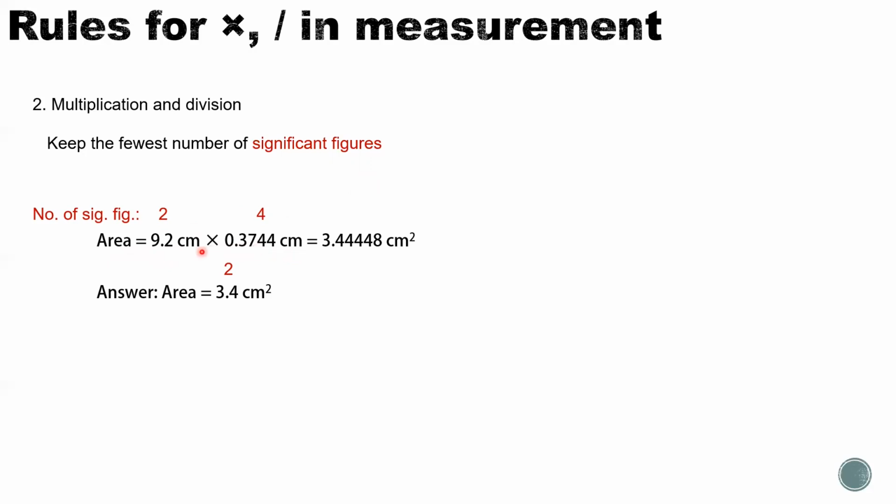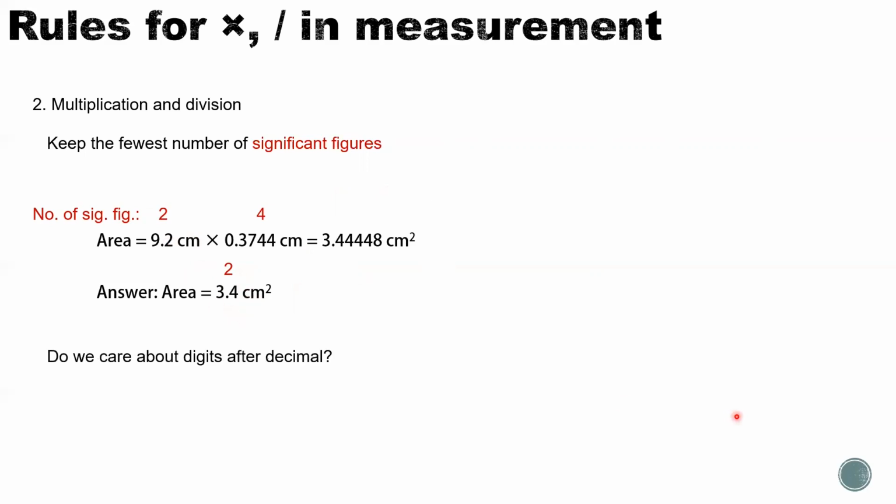These two numbers have 2 and 4 significant figures respectively. The result is 3.44448. Because we need to keep the smallest number of significant figures, we round the final answer off to 3.4 square centimeters with two significant figures.